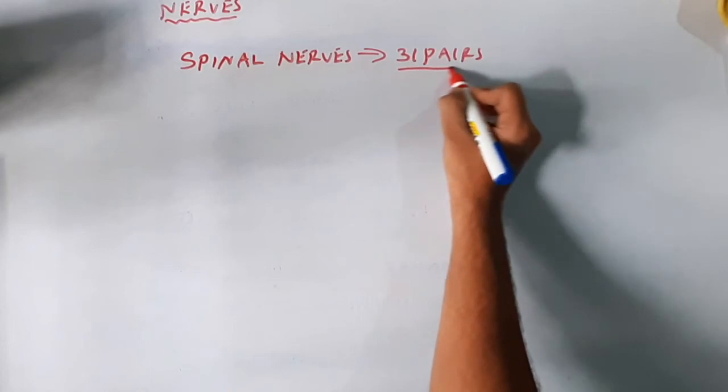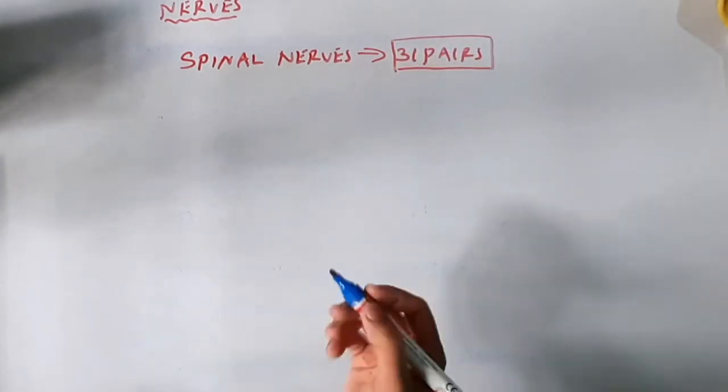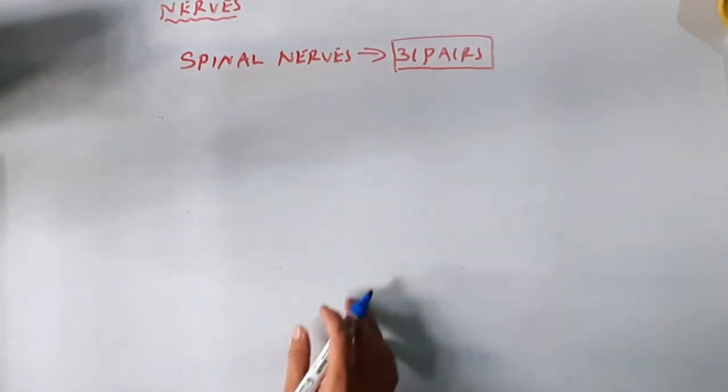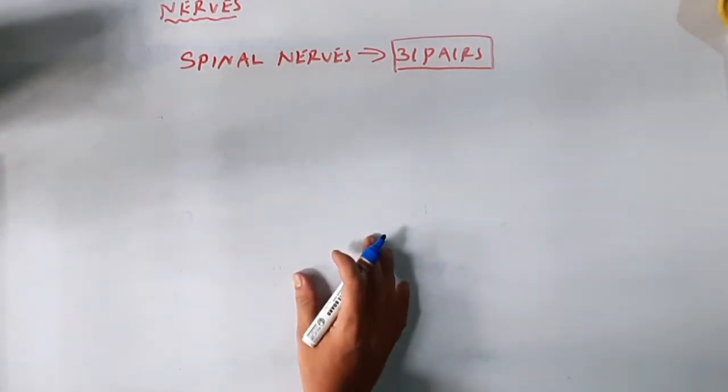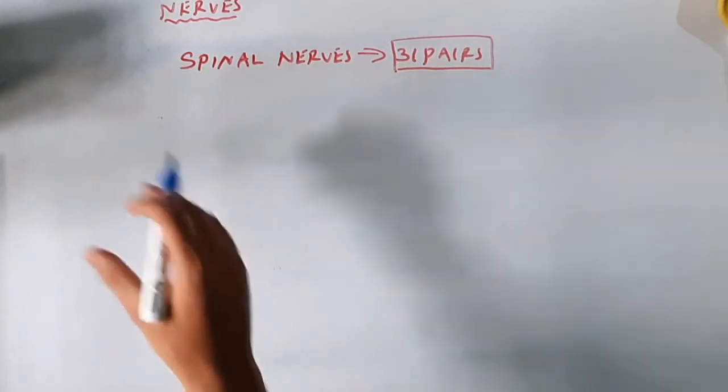Here I'm not going to write all 31 names of the spinal nerves. We all know that in the vertebral column we have vertebrae, correct? In that vertebrae there is a spinal canal, that is nothing but a nerve canal, through which the spinal cord runs.